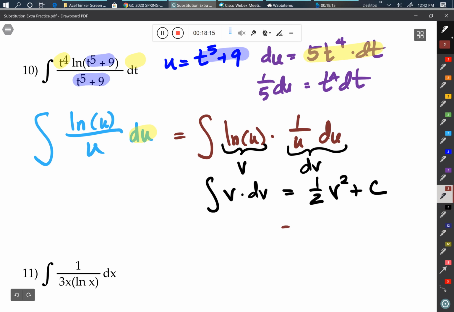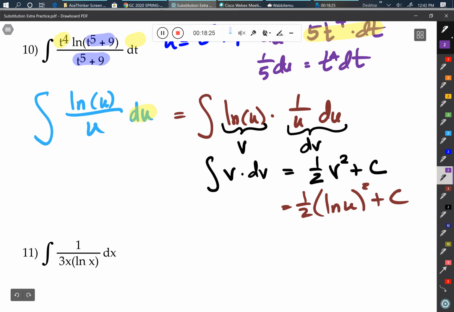But if I do one back substitution, that's going to get me to 1/2 natural log of u squared plus c. And if I do my second back substitution, I'm going to get 1/2 natural log t to the fifth plus 9 squared plus c. Right? That's a tricky one.